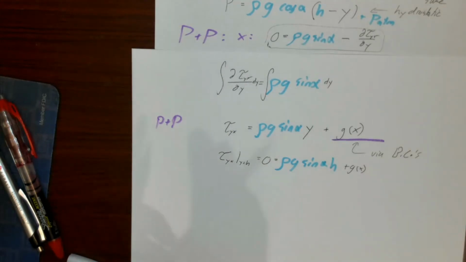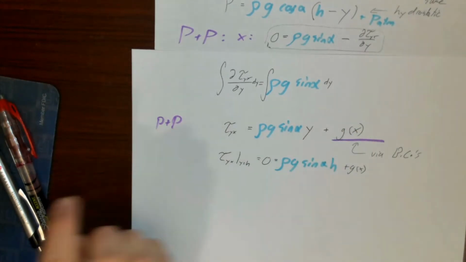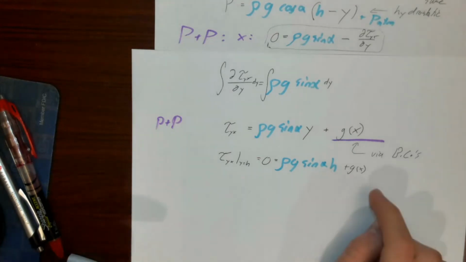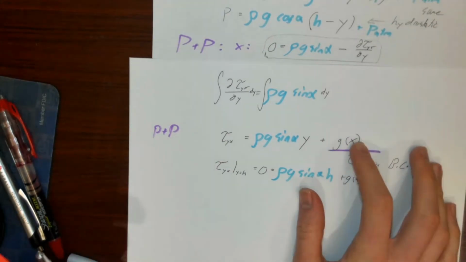What does that mean? We basically have this right here. Oh, I guess behind the scenes, I said this g of x.